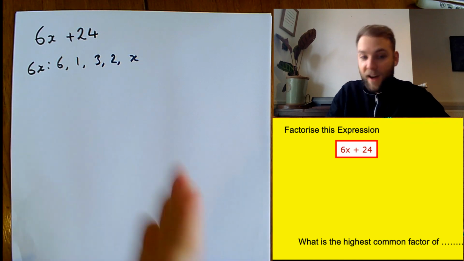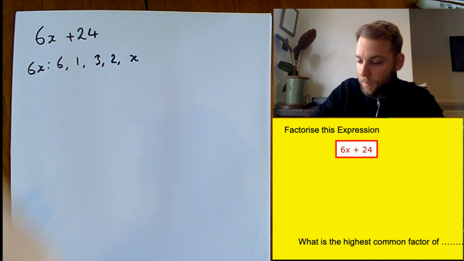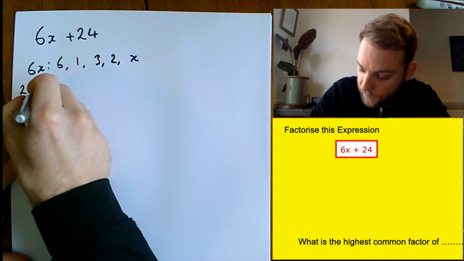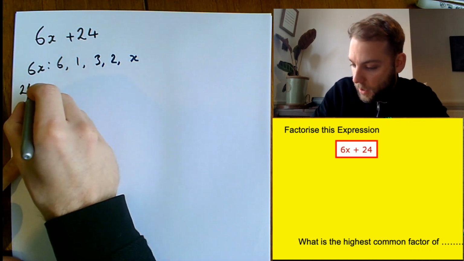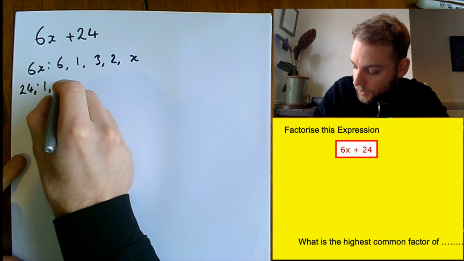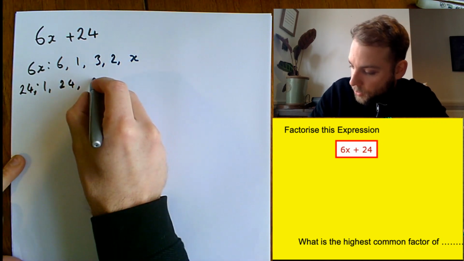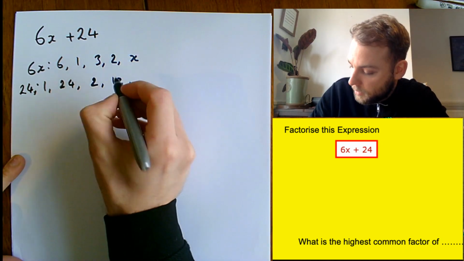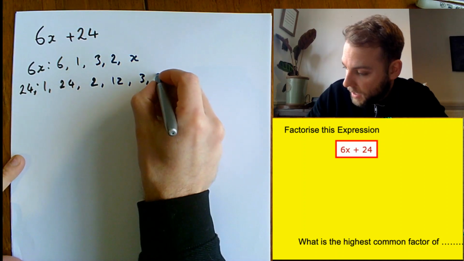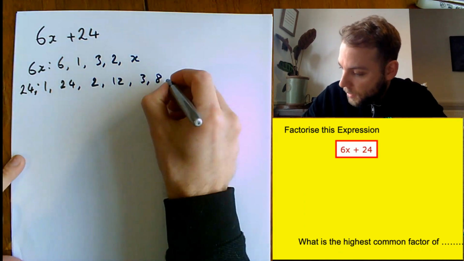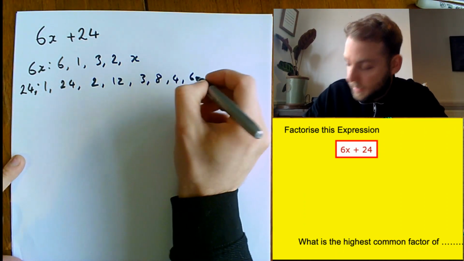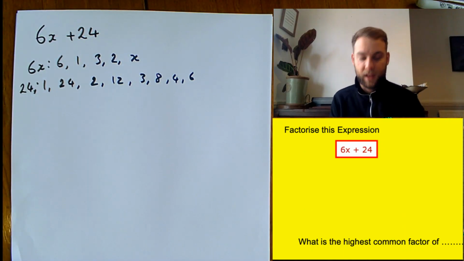But they're the factors of 6x. What about the factors of 24? It's always better to do it. So 1 and 24, 2 and 12, 3 does go into it 8 times, 4 and 6, and then that's it, done there. So what's the highest common factor of this?